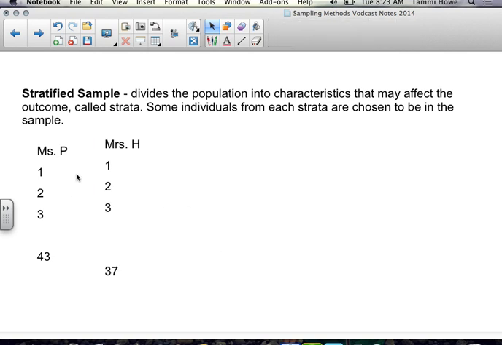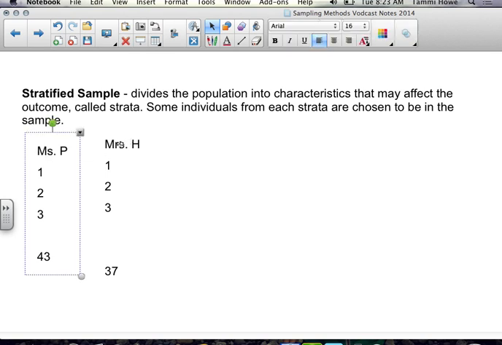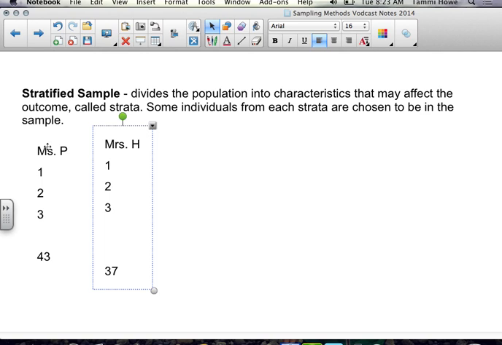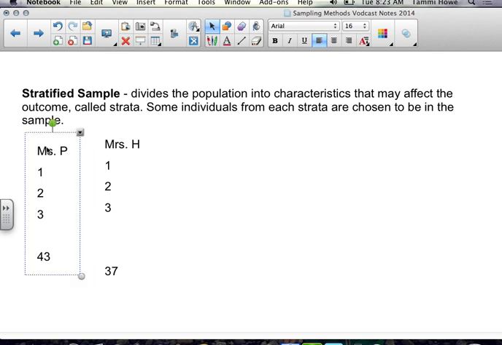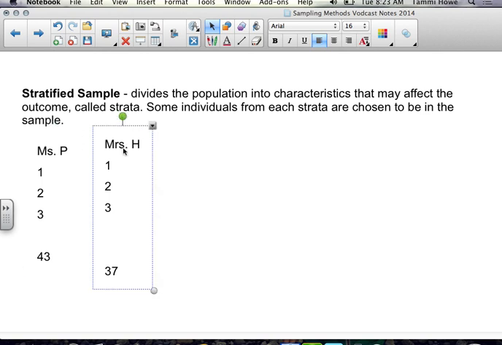And then what I would do for a stratified sample, remember with a cluster, I randomly chose a cluster and talked with everybody in that cluster. And with a stratified, I want some from each strata. So I want some from Miss Peterson and some from Mrs. Howe, and so maybe I randomly choose 5 numbers from Miss Peterson's students and 5 numbers from Mrs. Howe's students to make a sample of 10.